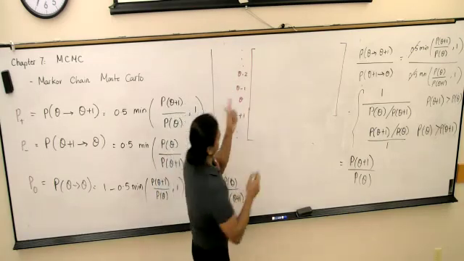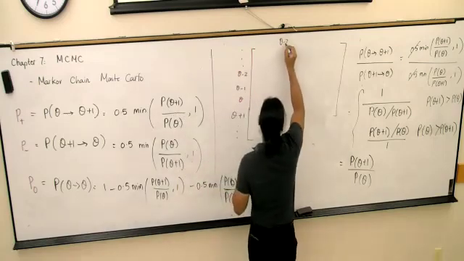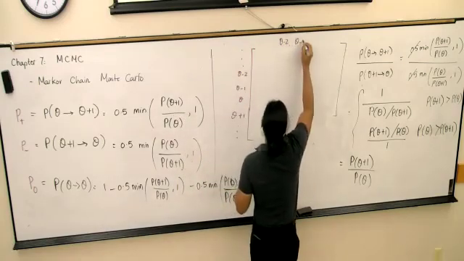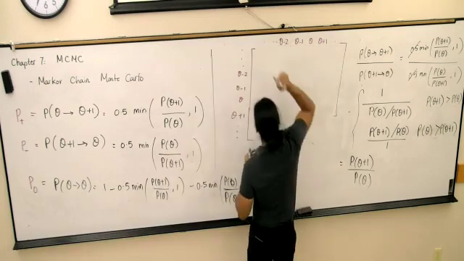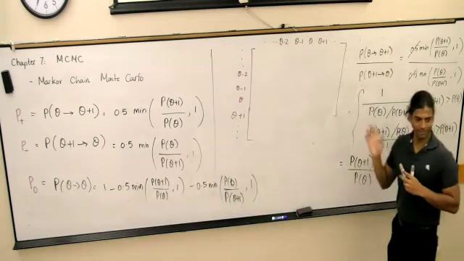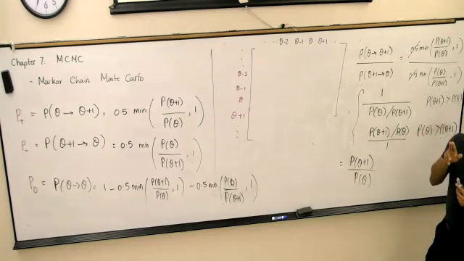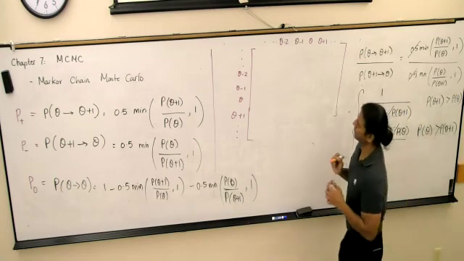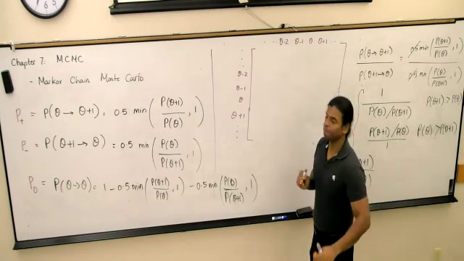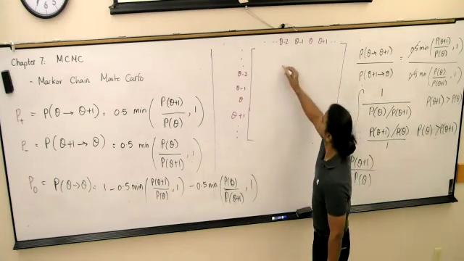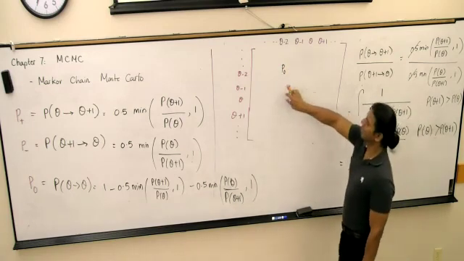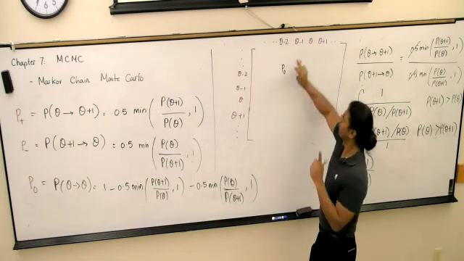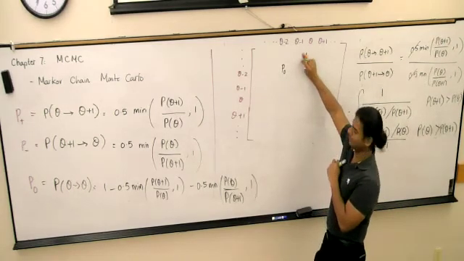Good. Same up here: theta minus 2, theta minus 1, theta plus 1. Going from theta minus 2 to theta minus 2, what probability should it be? P0. Yes. Going from theta minus 2 to theta minus 1?